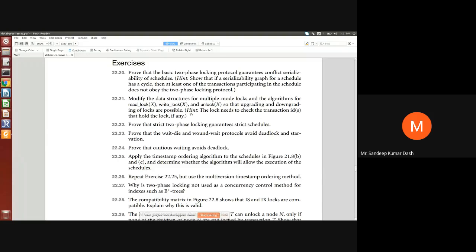Then view serializability, locking, then the lost update problem. Those things. Practice the problems that are given in assignments and quizzes, those will be helpful. Don't expect theoretical questions this time.